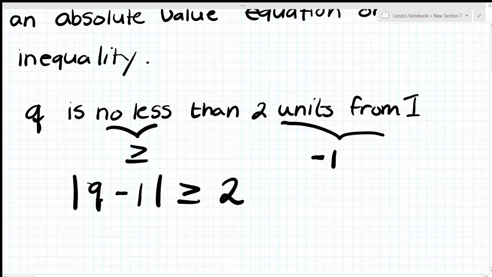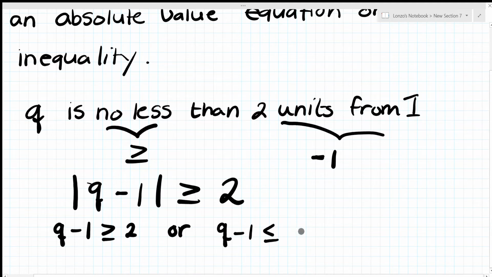So how do you set up your absolute value inequality? We know it's greater, so it's going to look like an or, so you have to break it into 2. You're going to have Q minus 1 greater than or equal to 2, or Q minus 1, now you switch the sign, less than or equal to, and then you add a negative, negative 2.